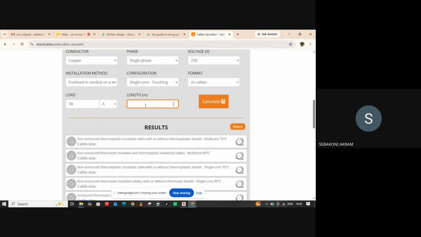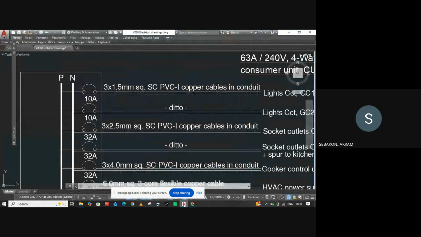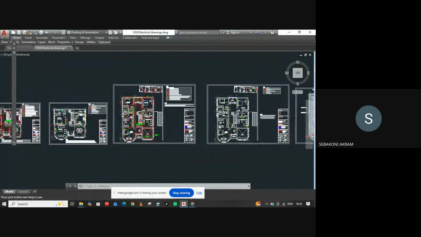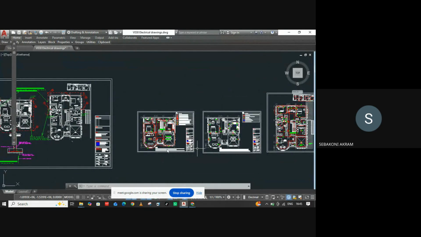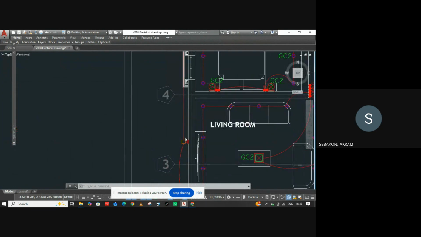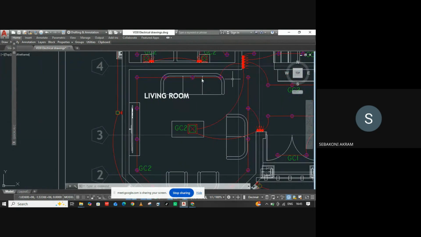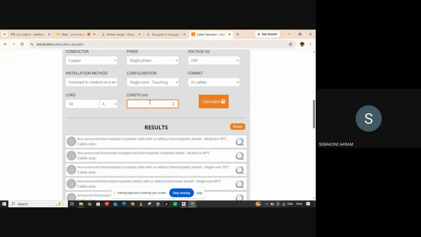So maybe you would find, let me say, a maximum of 10 spotlights being switched on at the same time, maybe here in the sitting room, where we see most of the spotlights, and also this decorative light. So you can switch them on at the same time, so that inrush current may be about 5 amps.